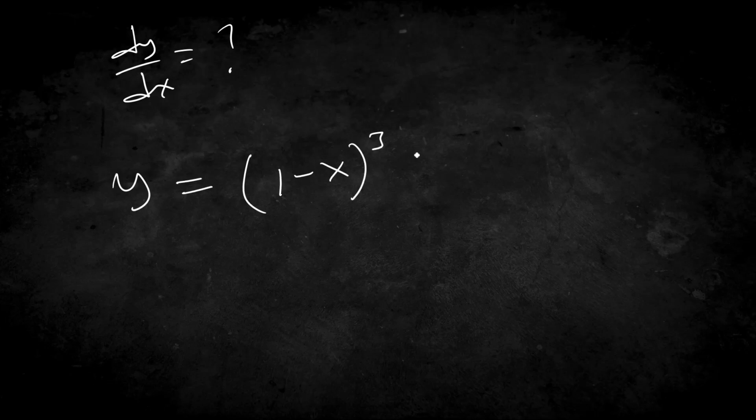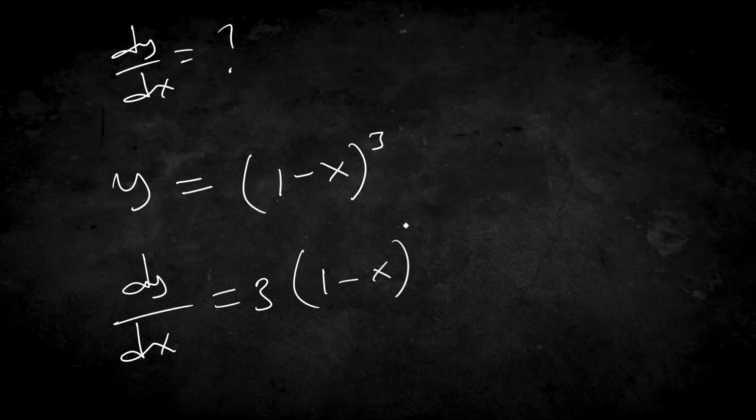So find dy/dx if y equals (1 minus x) raised to 3. All right, so this one is very simple. So just find dy/dx. So this power multiplies the coefficient, 3 times (1 minus x).